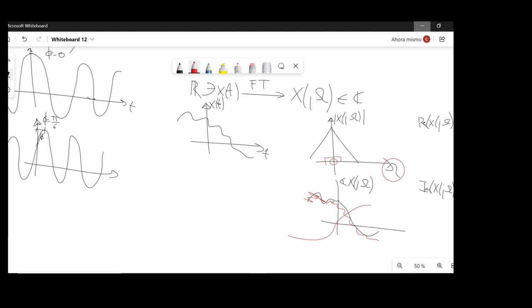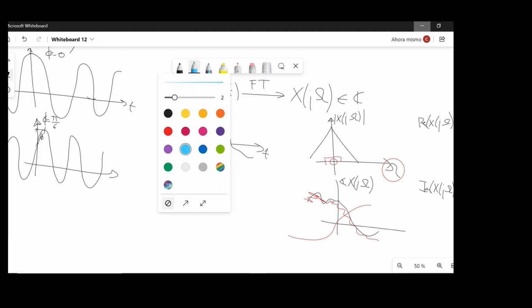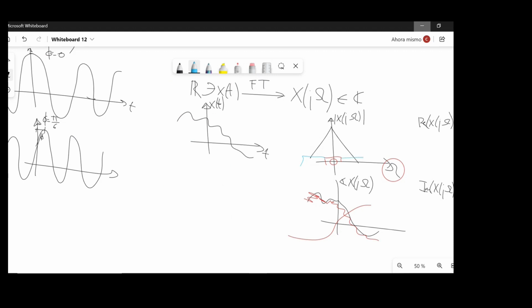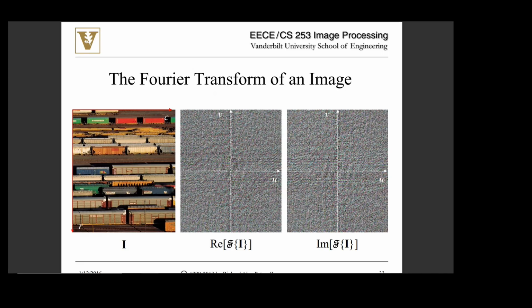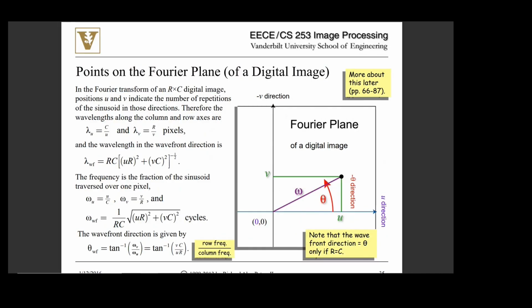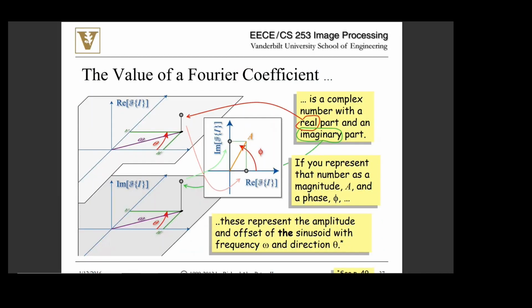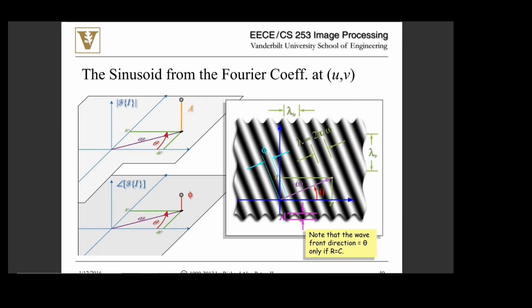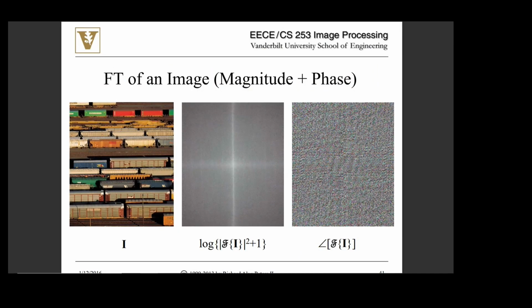These are low frequencies, and these further ones are high frequencies. You can do the same now in 2 dimensions. These are my frequency axes. This is low frequency, and as you go away from the origin, you have high frequency. So it is all the time the same. You can represent real and imaginary parts, or you can represent amplitudes and phases.